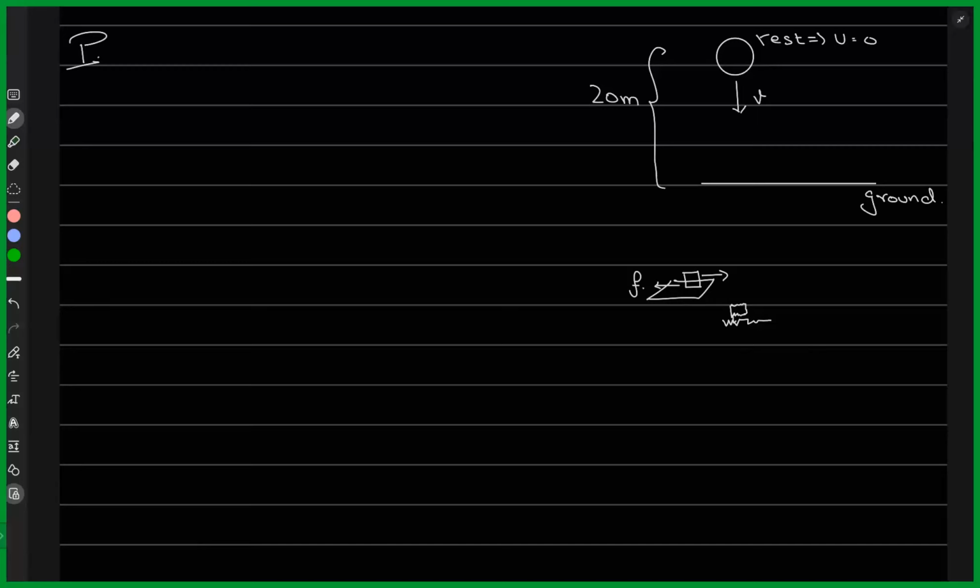So that is what is resisting the motion, right? So that's your friction. But in this example, where is that friction? I mean, because the ball is falling through air, where is the friction coming from? Any guess?